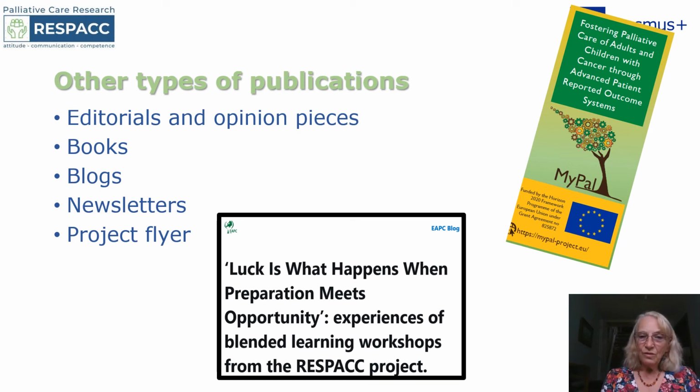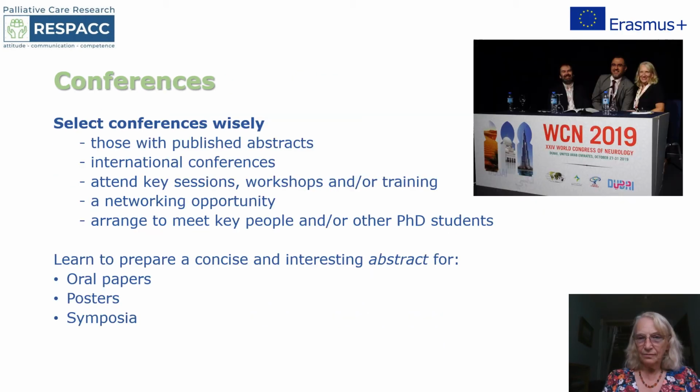You might want to write for newsletters. So some disciplinary groups would have newsletters, but also there may be newsletters or magazines for older people. Or you may produce project flyers, and here's an example of a project flyer from another project that I was involved in.